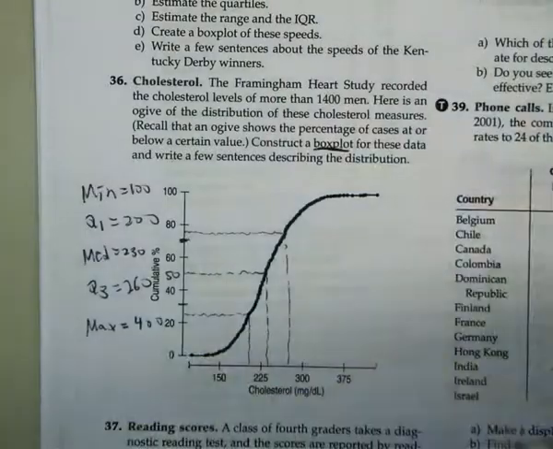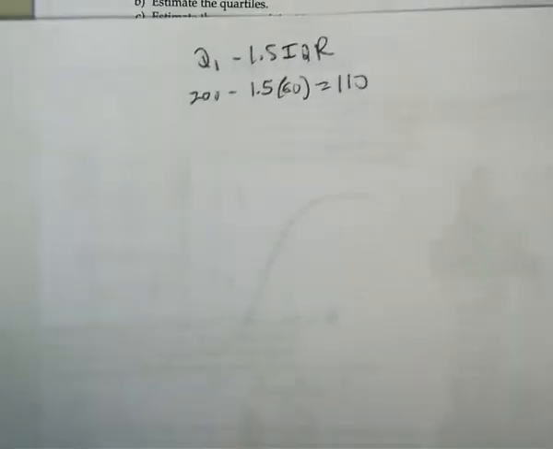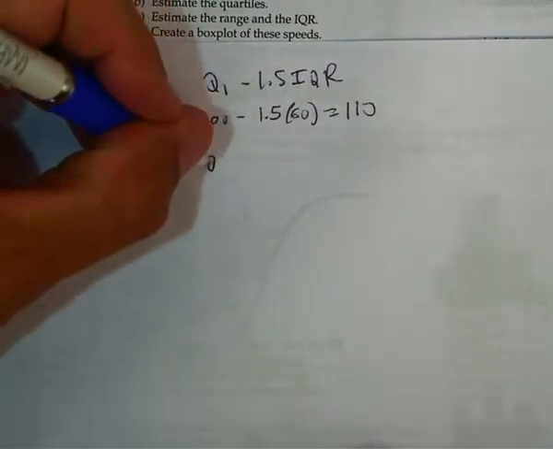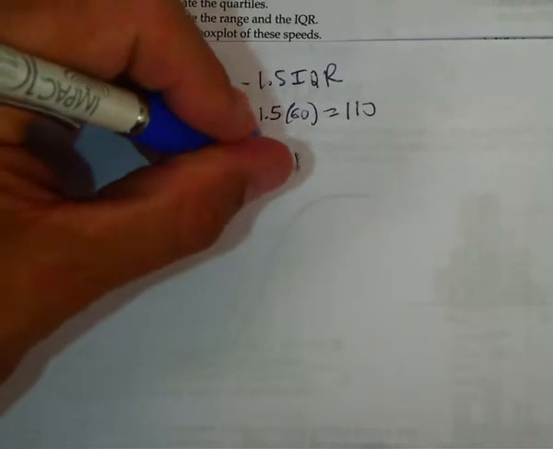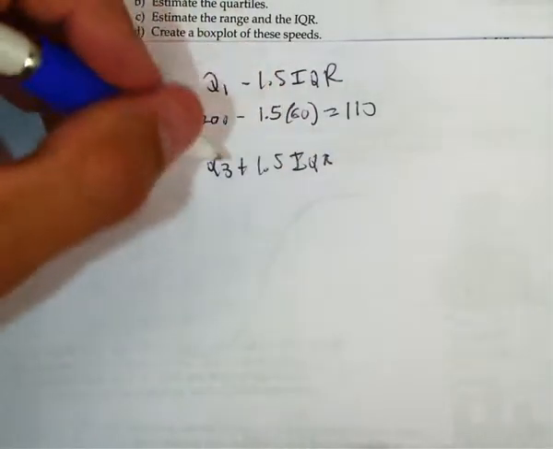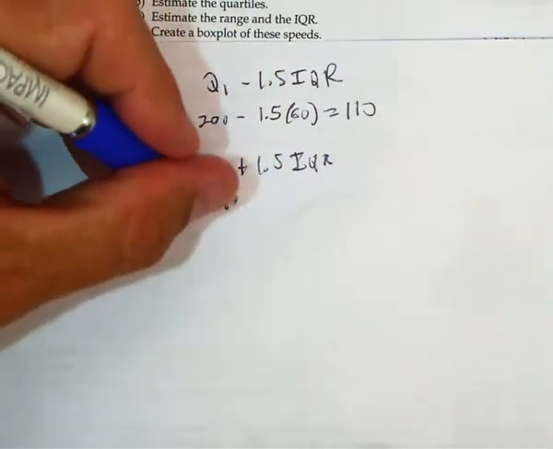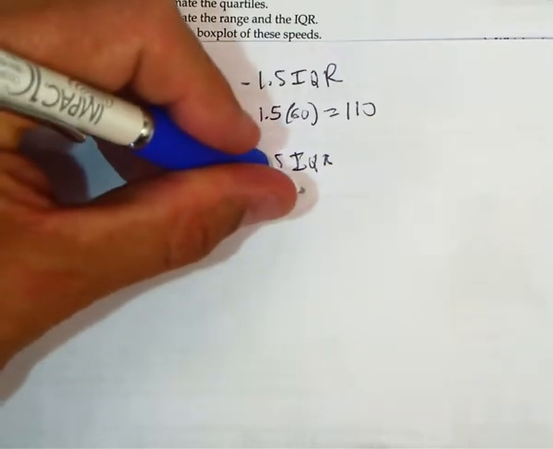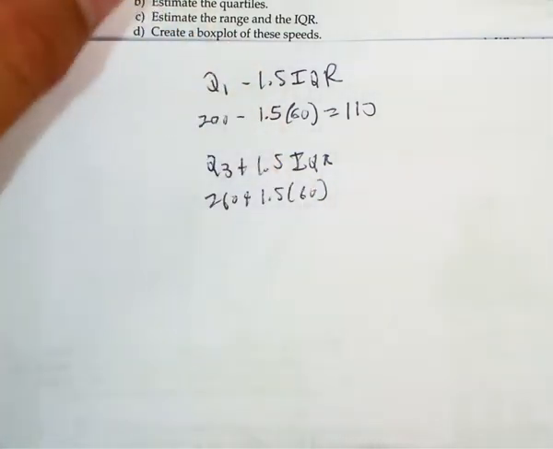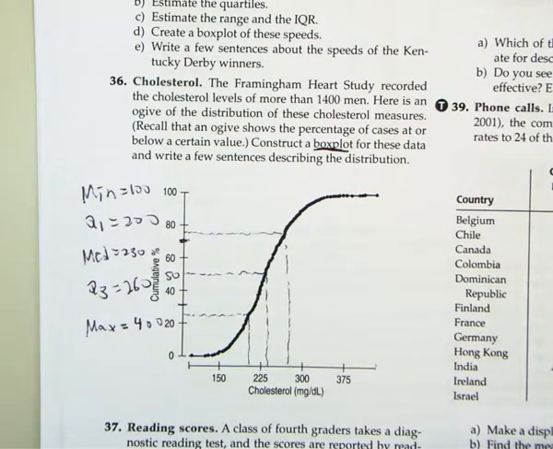So that's 110. We said our min is around 100, so we might have some outliers on the lower end. And then Q3 plus 1.5 times the IQR, that's 260 plus 1.5 times 60, so that's 90, that's 350. So it looks like we have some outliers on the upper end as well.